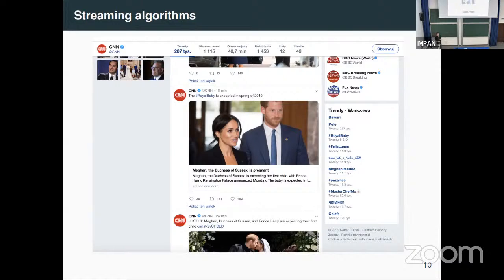As you can imagine, Twitter has to do this in real time, and this stream of data is enormous. Every second there are millions, if not more, words that pass through this algorithm.